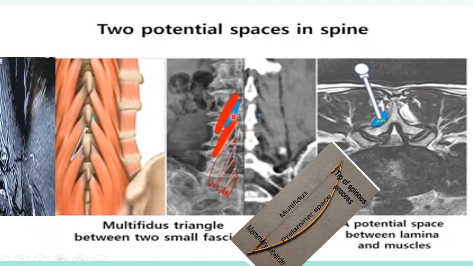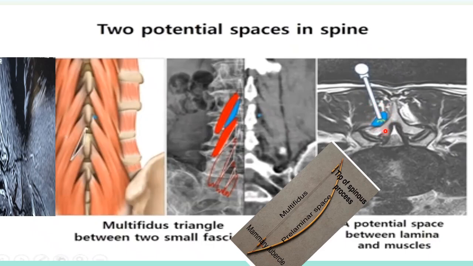This interfascicular space and this prelaminar space are joined through the power of the semitubular retractor and hydrostatic pressure of water. That is very important to enlarge and make an initial working space here.